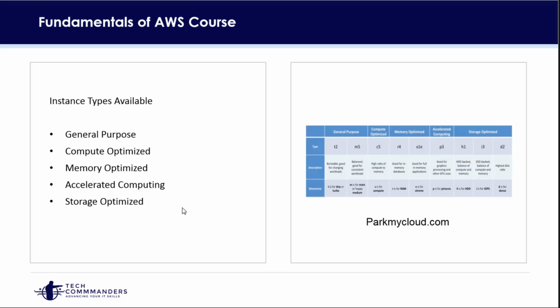Now, simply put though, it's really by the use case. For example, if I'm deploying a WordPress site, general purpose is perfectly fine. On the other hand, if I want to deploy a GPU or some kind of advanced processing capability, let's say for machine learning or AI, or even perhaps gaming, accelerated computing would be a better choice.